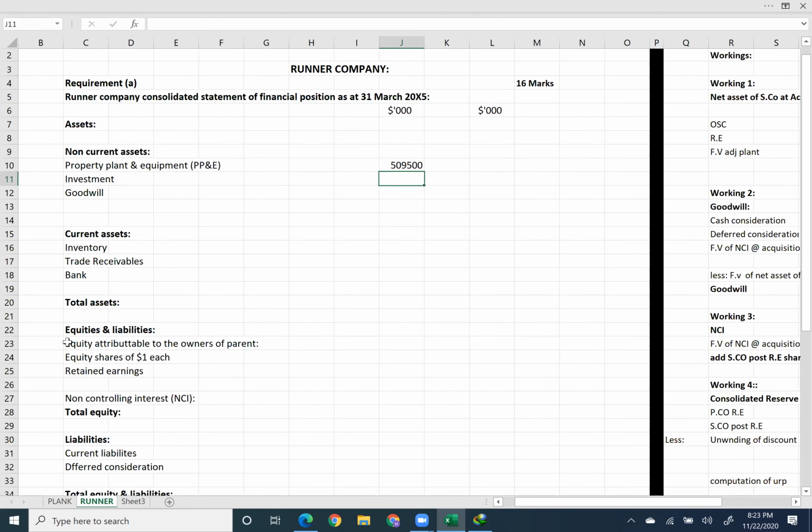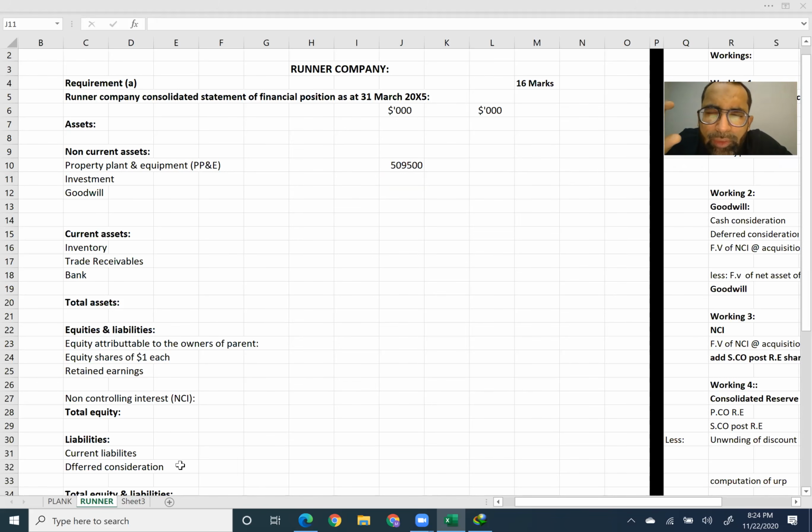Okay, now the next thing is investment. If you remember the question, I used the pen on the question paper in front of you. 55,000 investment was written on P company's asset side. In that 55,000, 42,500 was part of COI.